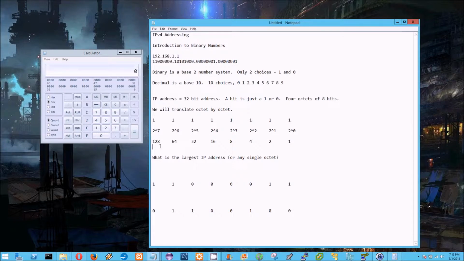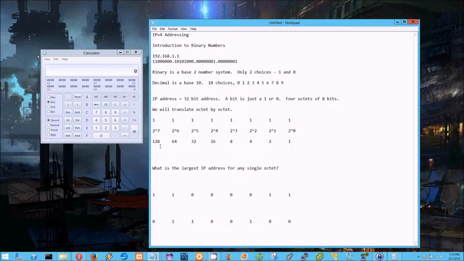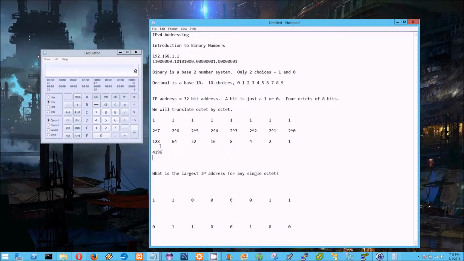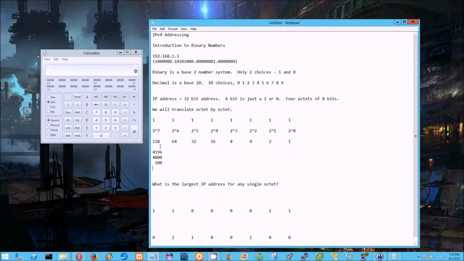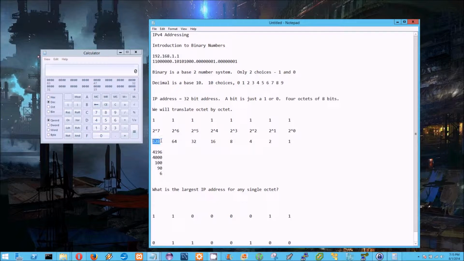Now, just like if I had the number 4196. Okay, let's break this out. So let's say 4,000 and 100 and 90 and 6. Just as you see here, the bigger number is on the left side.